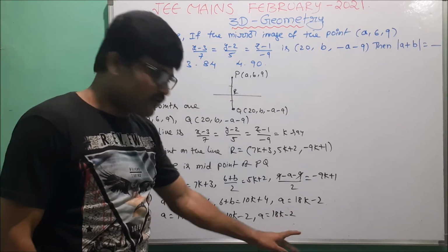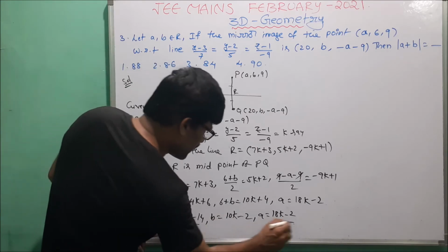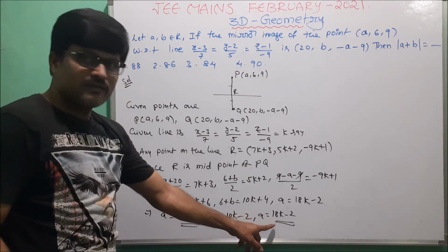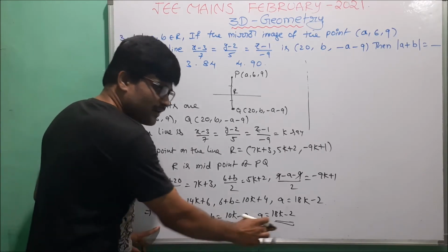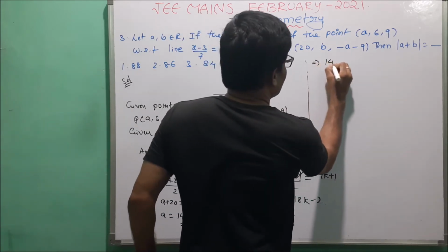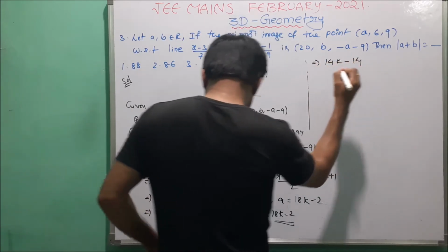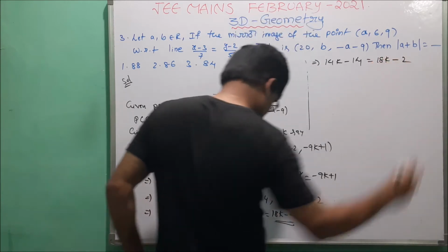Now we have to observe the first one and the third one. These are the values of a. Equating these two, that is 14k minus 14 equals 18k minus 2.